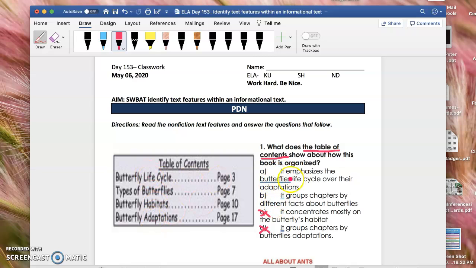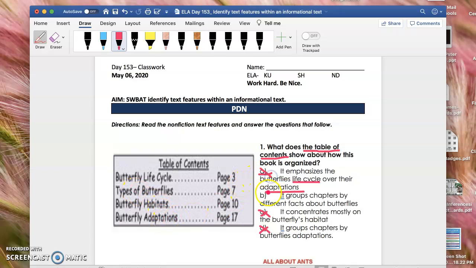Does the topics emphasize the life cycle over the adaptations? No, I don't think so, because all of them are important to the book. But it does group the chapters by different facts about butterflies. It talks about the life cycle, the types, the habits, the adaptations, okay?